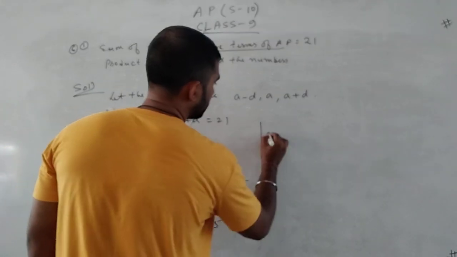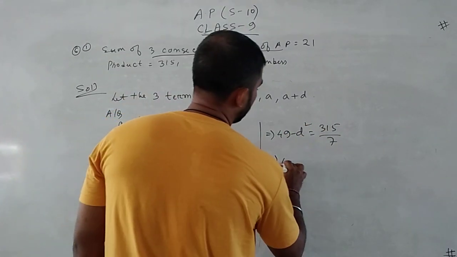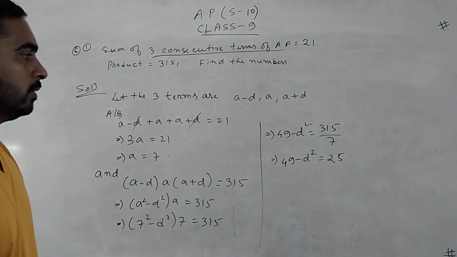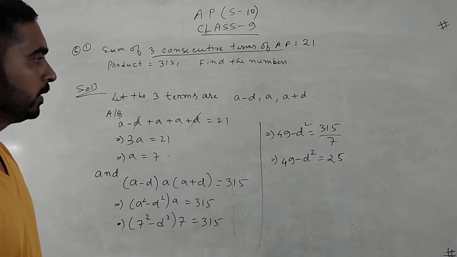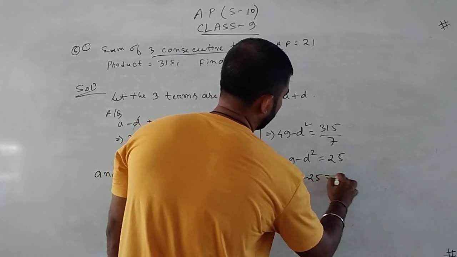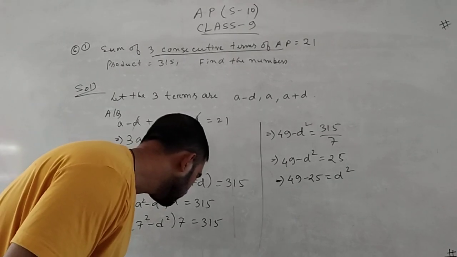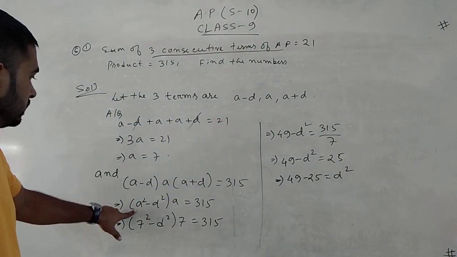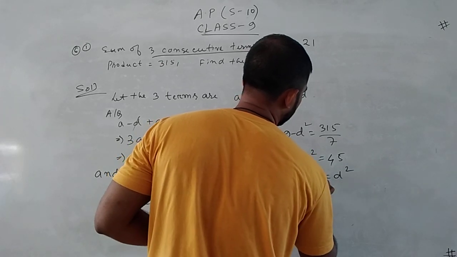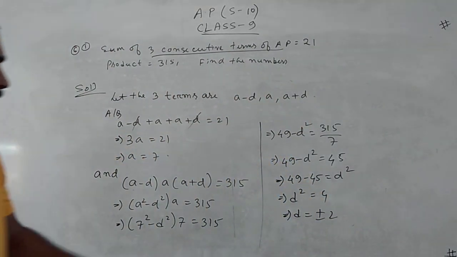Next, 49 minus d square equal 315 by 7, which is 45. So 49 minus d square is equal to 45. Then d square equal 4. So d equal to plus minus 2.